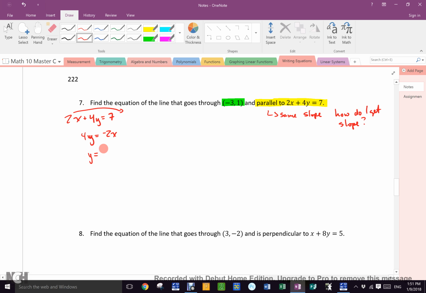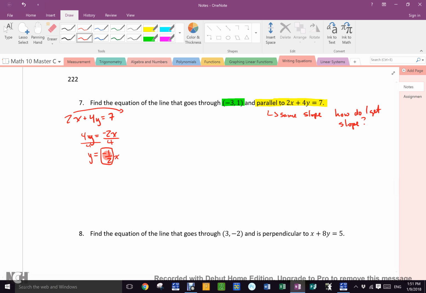The slope is 2 over 1? Negative 2 over 1? You got to divide by y. So it's negative 1/2 x. So that's the slope I need. So now, do I have a slope?